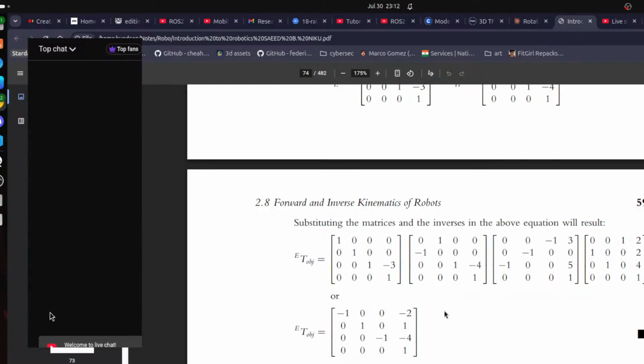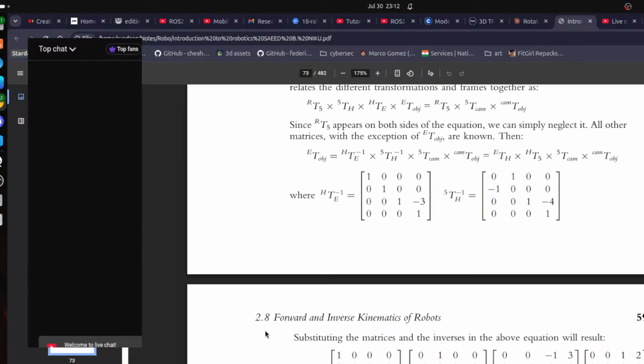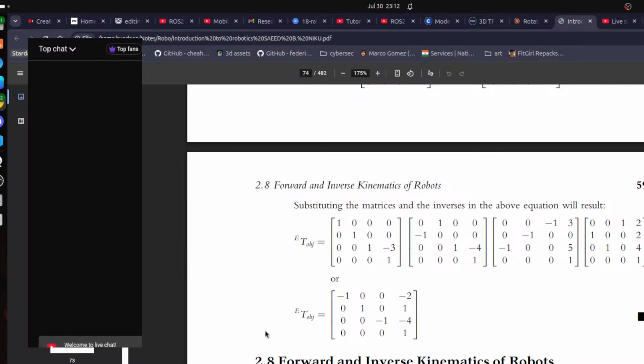Oh, so now I can just translate and rotate the end effector along its own axes.